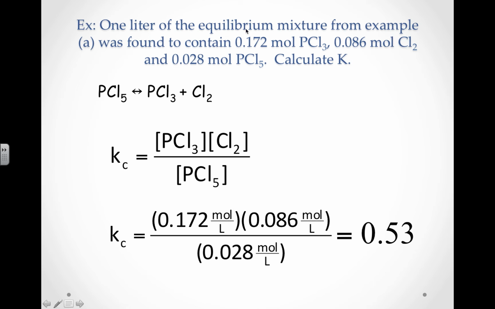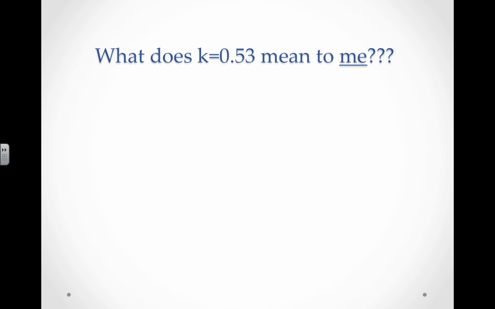Now, if you are dealing with something a little bit more complex than this, I want to caution you to use your calculator carefully. Parentheses, things like that are your friend. Okay, so what does this 0.53 mean?